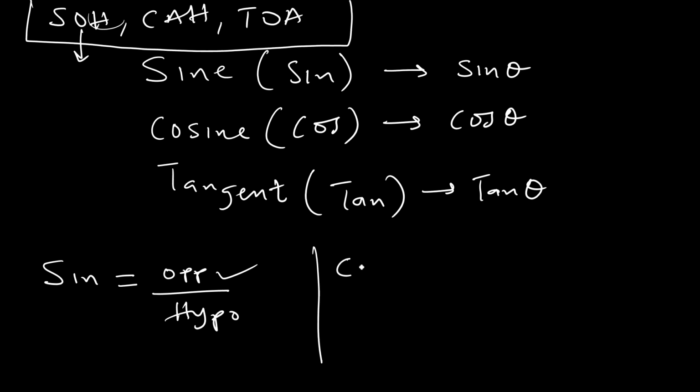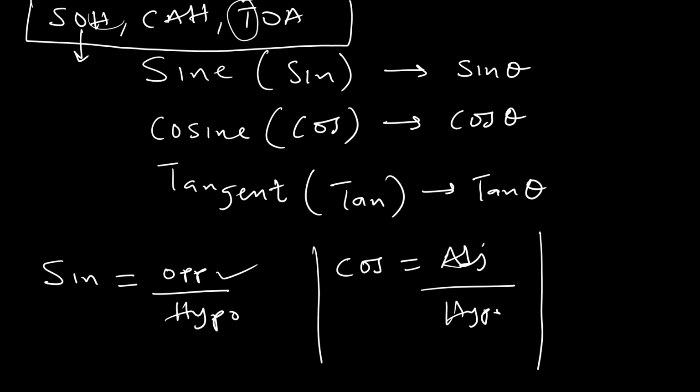So cos is given as adjacent over hypotenuse. Then the T here is for tangent. So tan is given by opposite over adjacent.